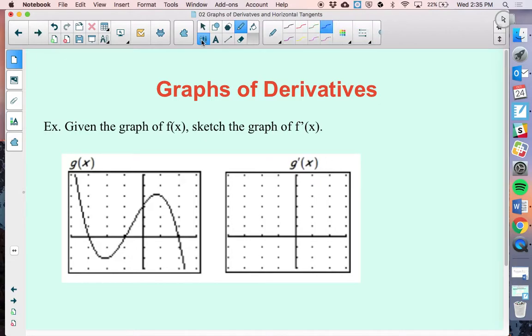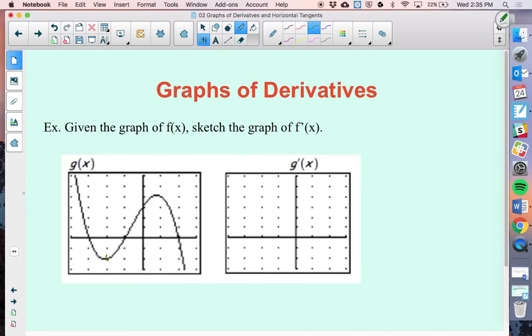Same thing, I'm going to start out plotting where my tangents are horizontal lines. So at -2 and +1, I know that there has to be an x-intercept on my derivative, because the slope is 0 here and the slope is 0 here.